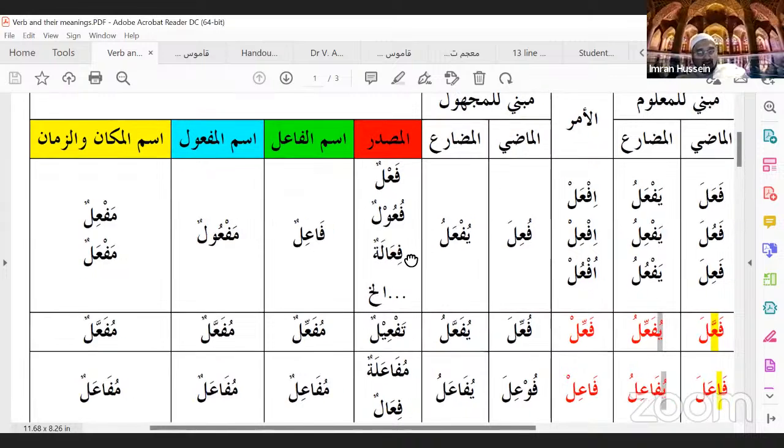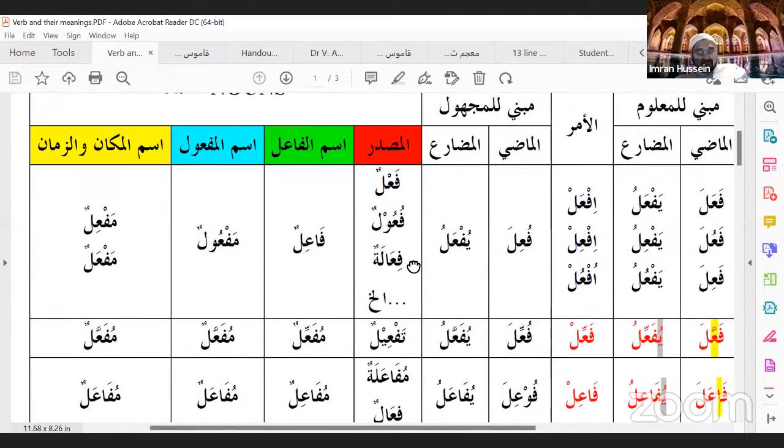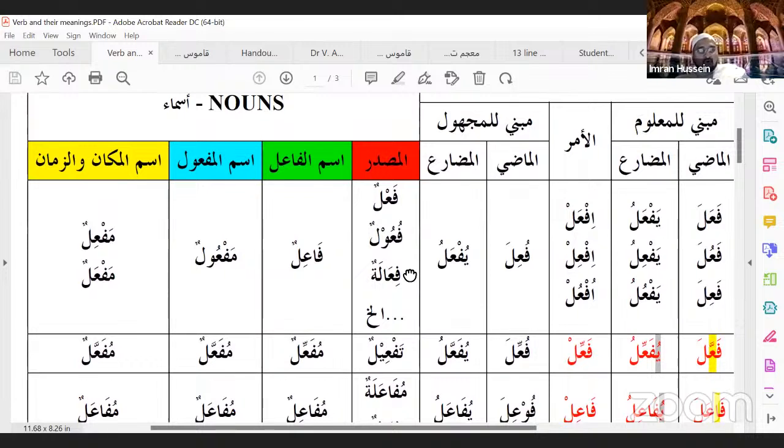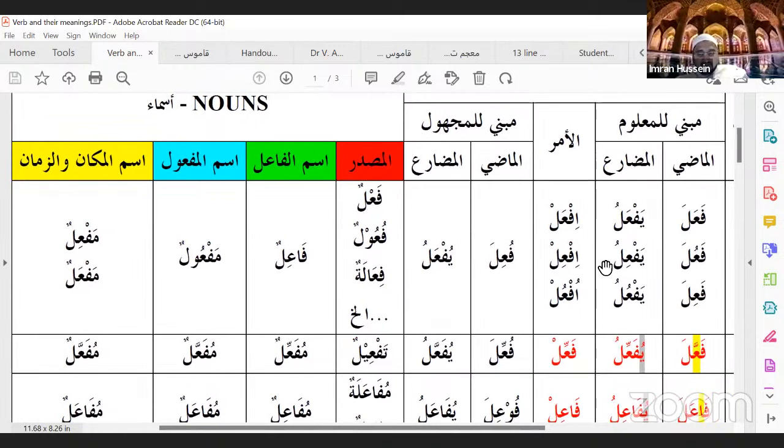What you do is this. And this is all thanks to Sister Kulsum. What we have to do, we have to go to the present tense, fi'l mudari ma'lum.